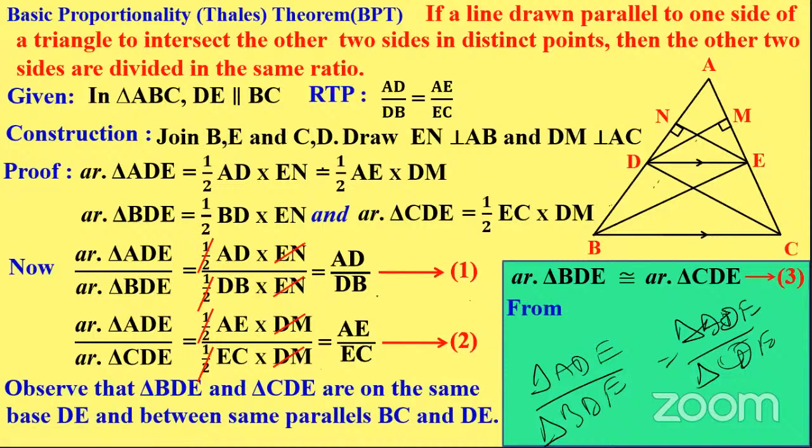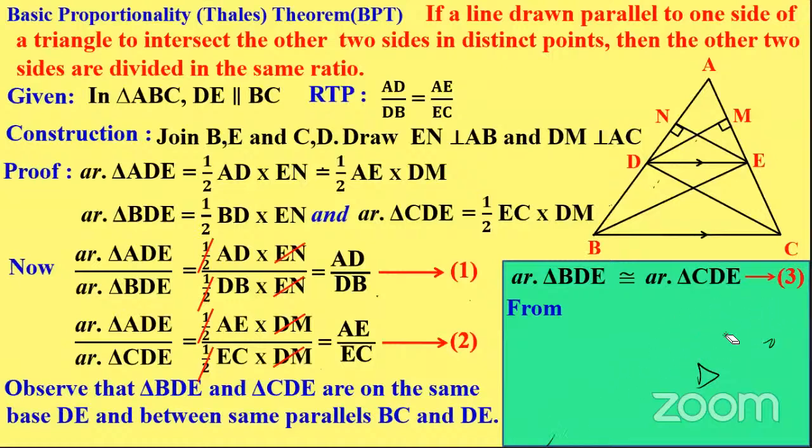Now from equations 1 to 3, these are equal. Which are equal? Triangle ADE by triangle BDE from 1, 2 and 3.